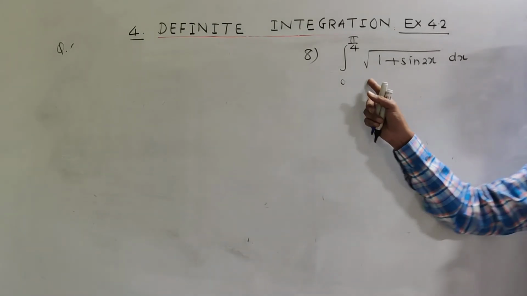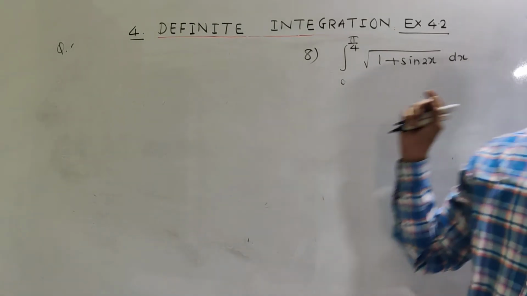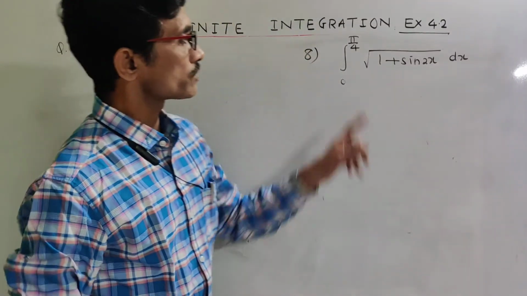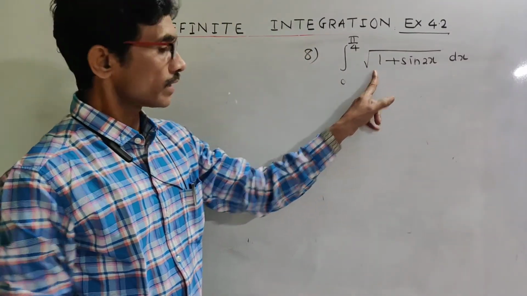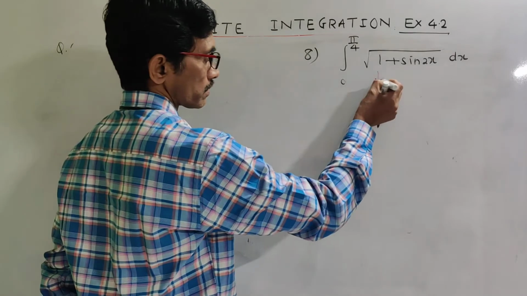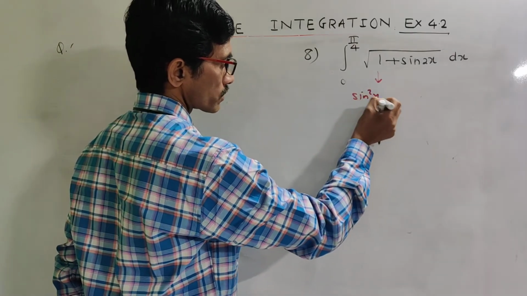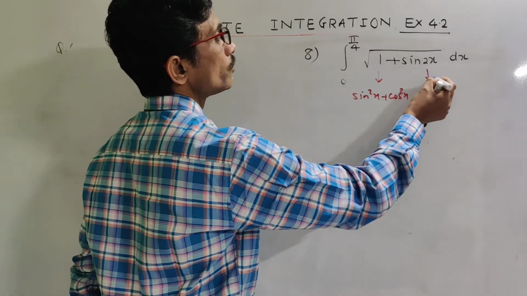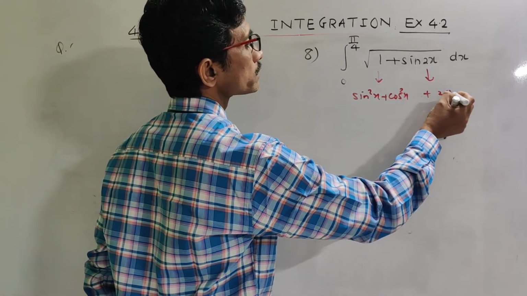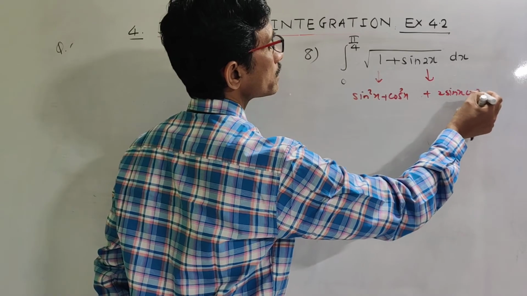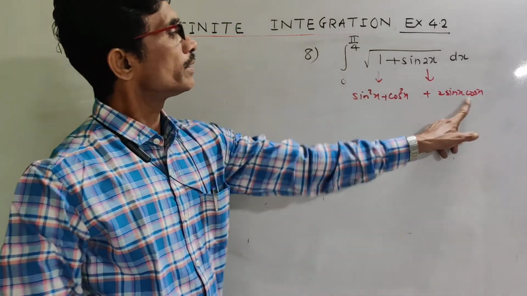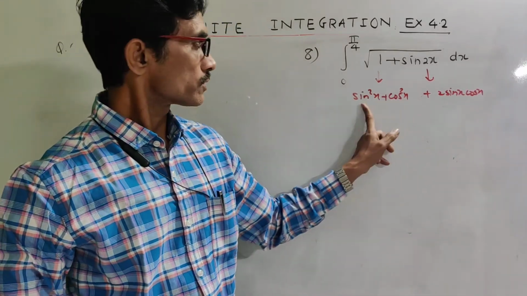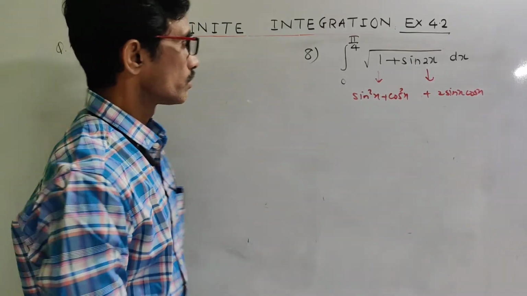Integral 0 to pi by 4 of root of 1 plus sine 2x. 1 plus sine 2x we can express as: 1 is sine square x plus cos square x. This is sine square x plus cos square x, and this sine 2x is 2 sine x cos x. A square plus 2ab plus b square, that is a plus b whole square, means sine x plus cos x whole square.